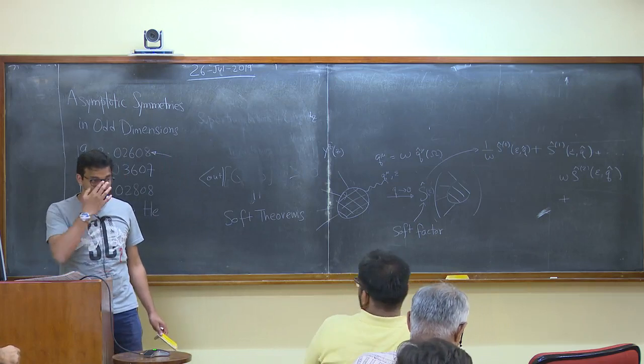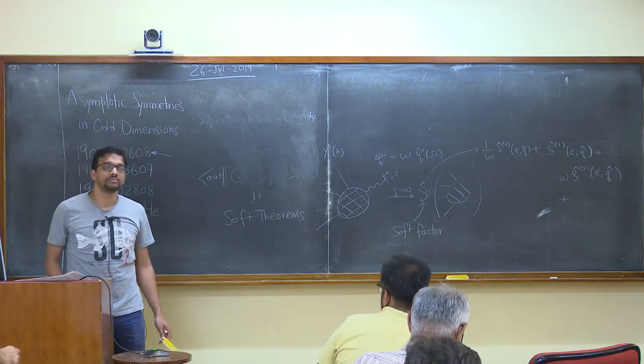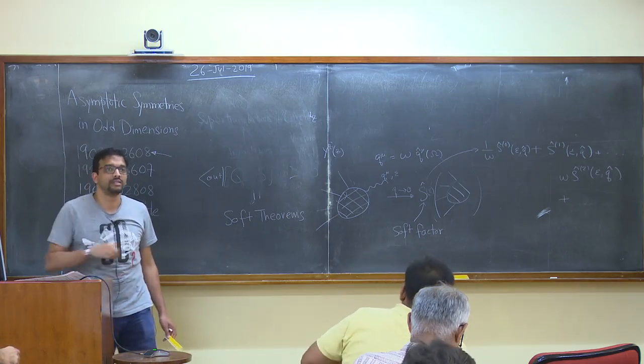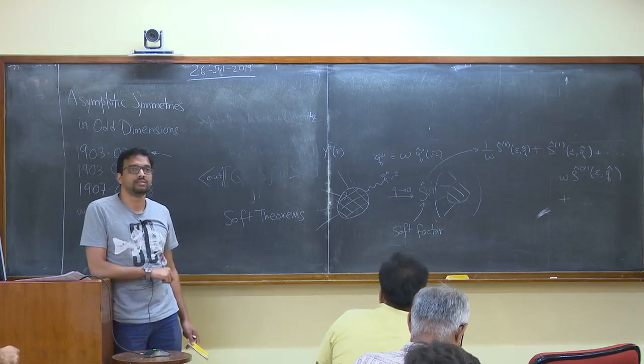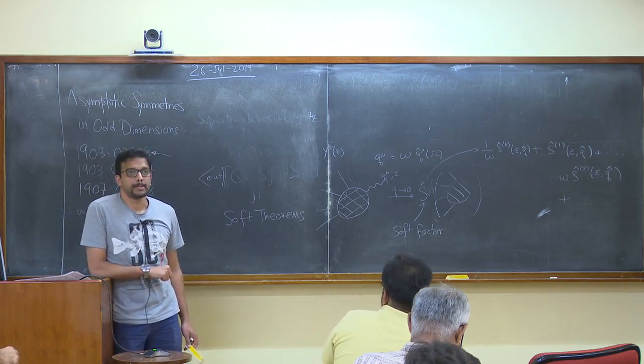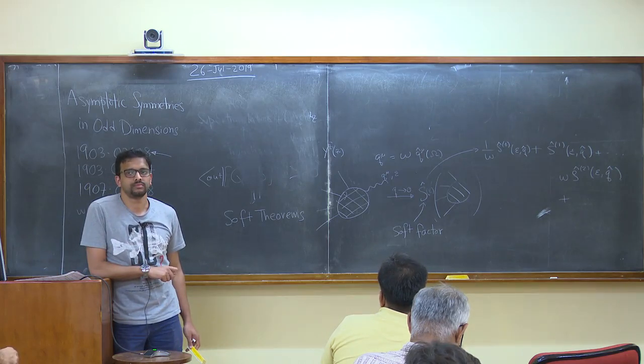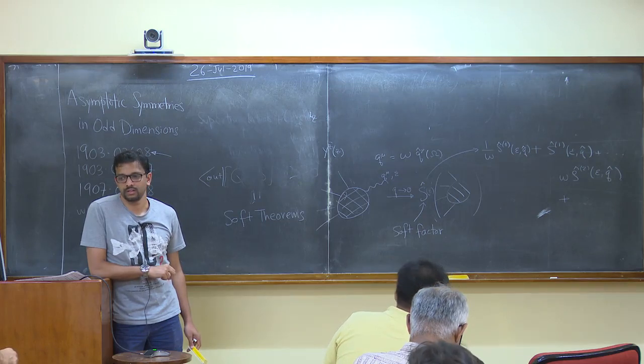I had another question about the statement about the memory. There is this statement about whether there is realness in higher dimensions, but there's also a question of whether there is memory in higher dimensions. How much do you understand that question? We have understood memory in higher even dimensions.